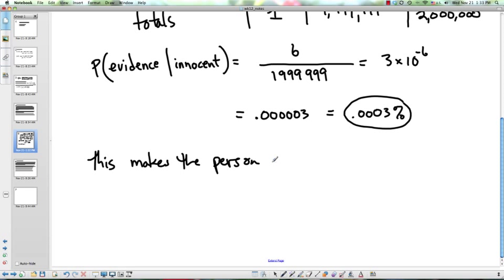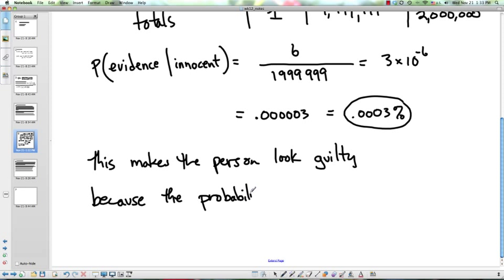This makes the person look guilty, I would say, because the probability of the evidence is so small.